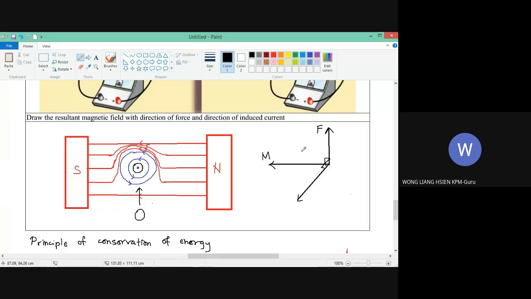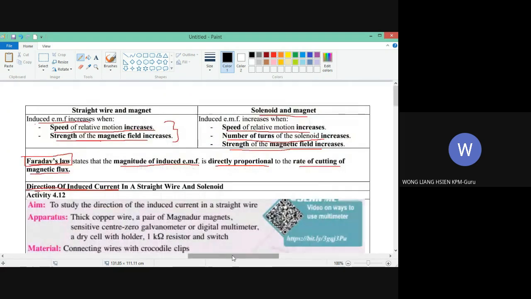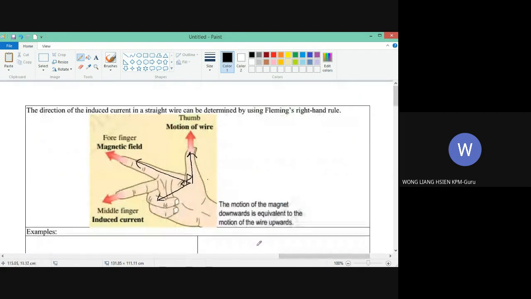Then you see this one. This is the current. They are the same. So this is the force, this is the magnetic field, this is the current. It's the same.